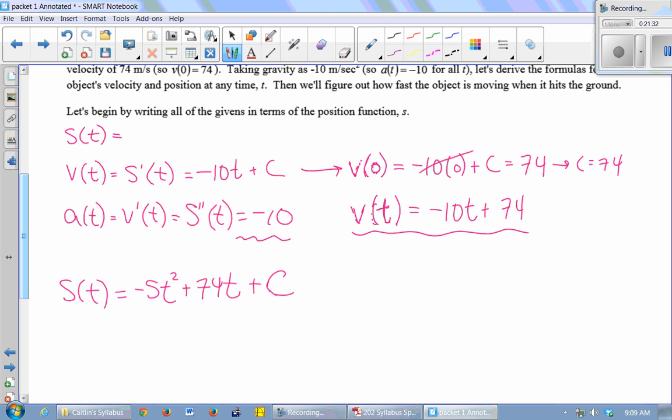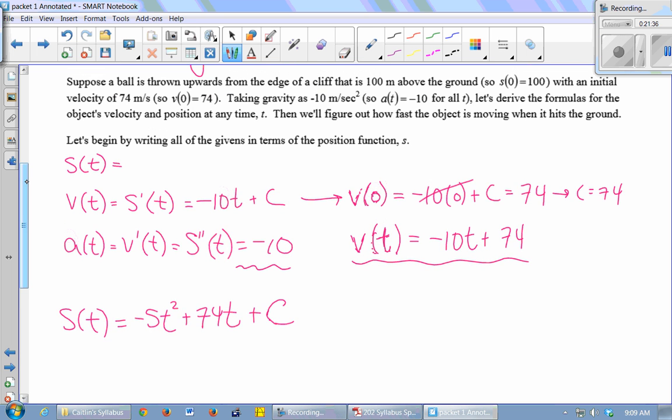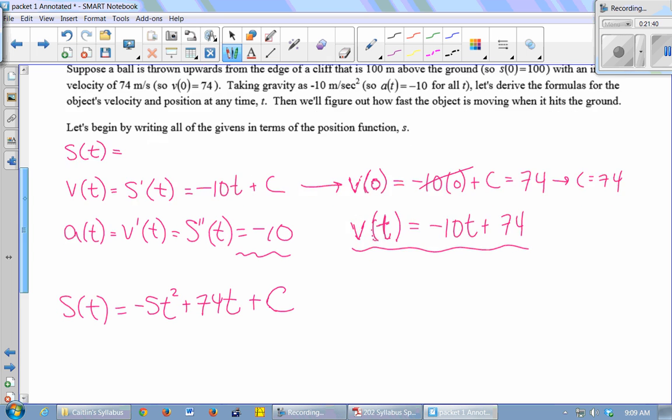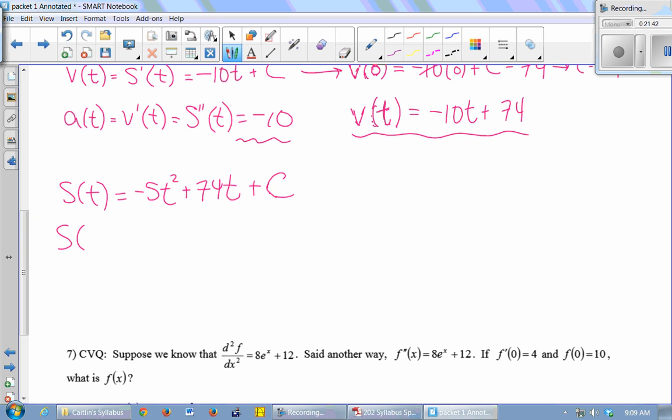All right, and then to figure out what the c is, what do I use? s of 0 is 100. So I plug in a 0, and I get negative 5 times 0 squared plus 74 times 0 plus c is supposed to be 100.